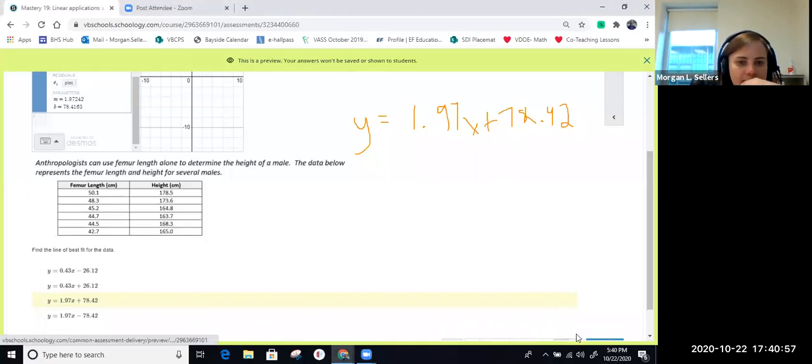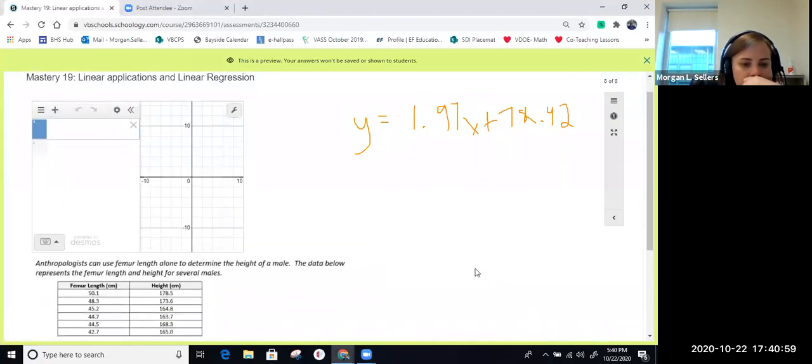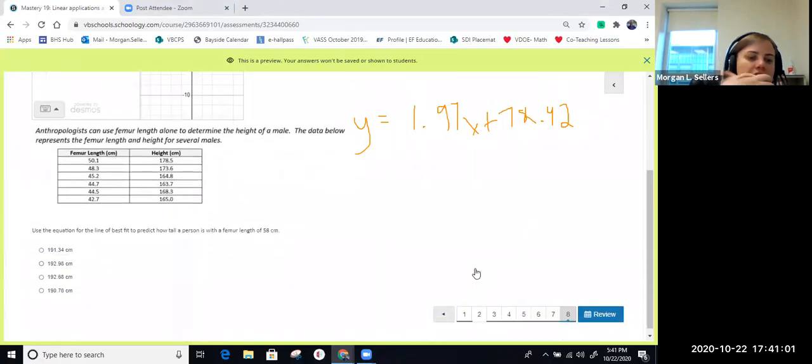So number 8. Use the equation for the line of best fit to predict how tall a person is with a femur length of 58. Femur length is our X value.